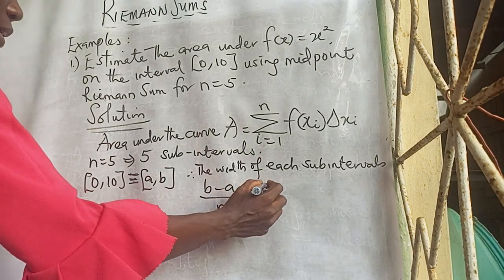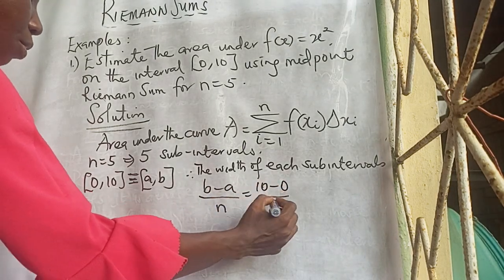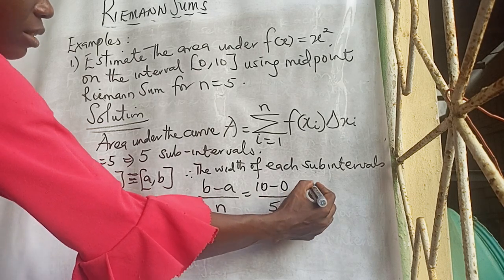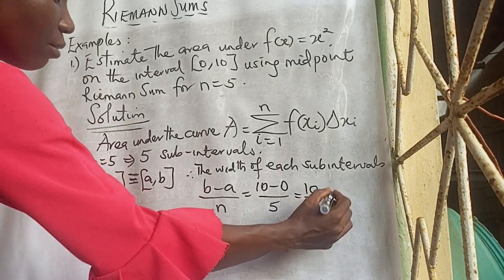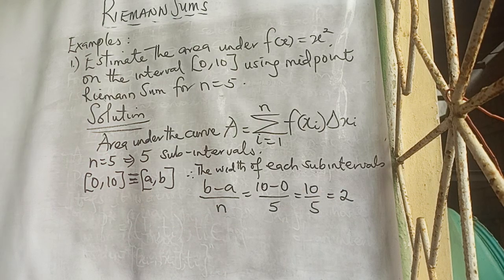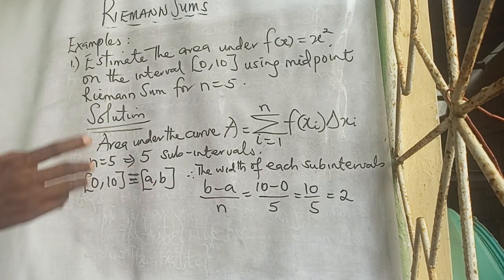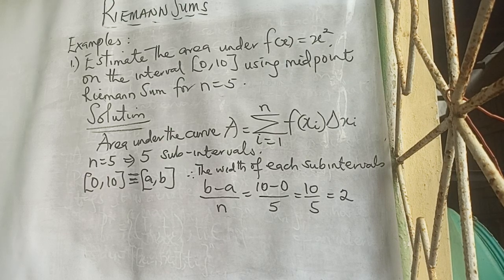And that is 10 minus 0 over 5. That is 10 over 5, and that is 2. That means we want to have subintervals of width 2.